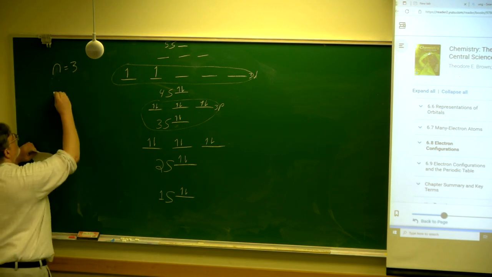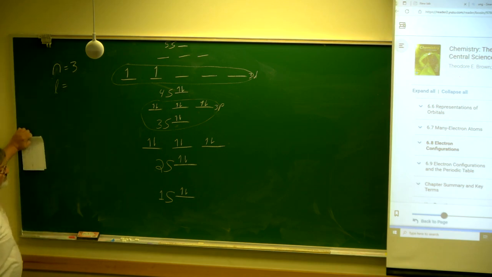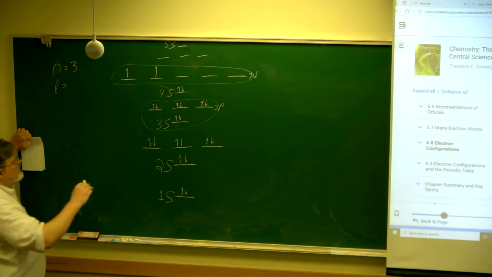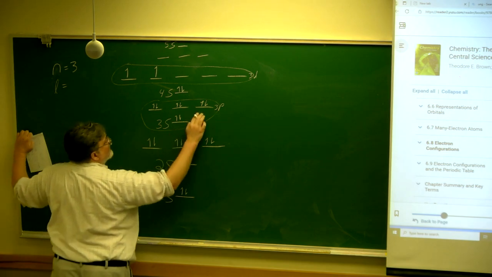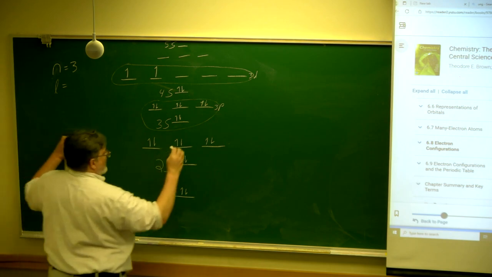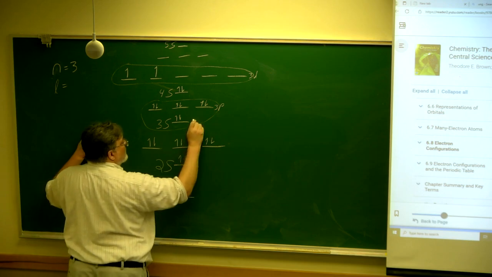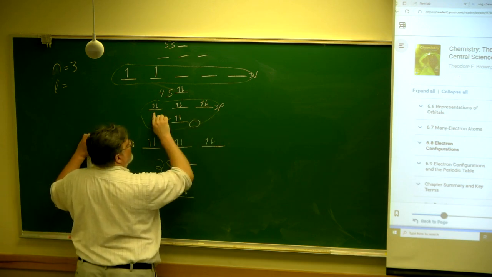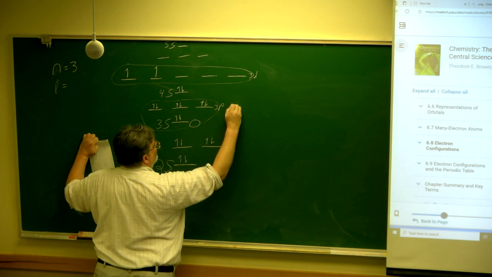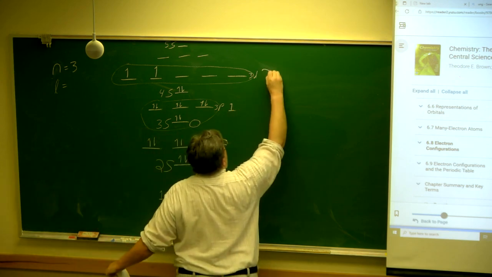All right, the next one, l, the angular momentum quantum number. That one relates to whether it's in the S, the P, or the D, or even the F. But when you use numbers there, the single ones, the S's, we give them a 0 here. The P's have a 1. The D's have a 2.